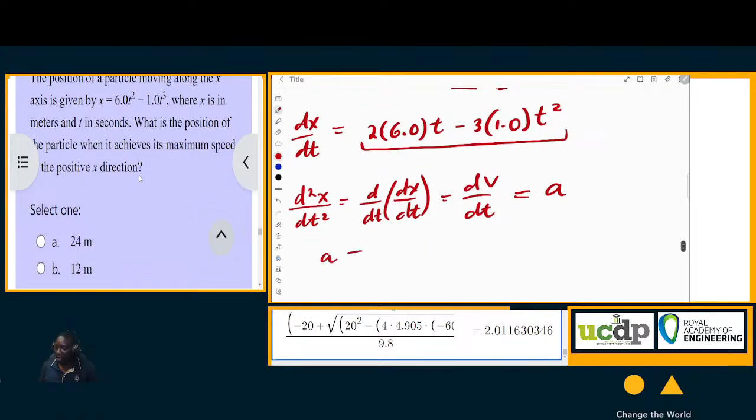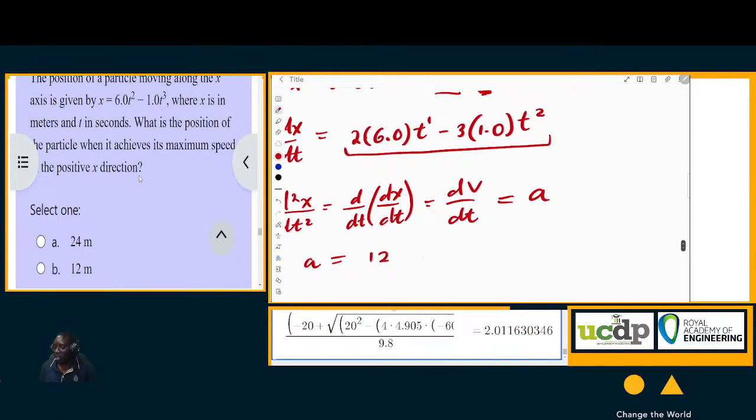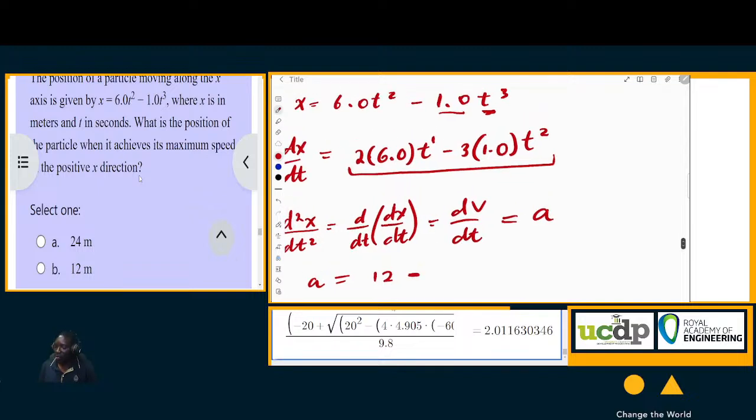Acceleration is therefore equal to, what do we do to the t here? The power is 1. The 1 multiplies the 2, it still remains as 2, so we remain with 12. And the new power of t is 1 minus 1, which is 0, so there's no more t. You can write t to the 0, but there's no need, t to the 0 is 1. Then minus, what do we do to the 2 on the second term?